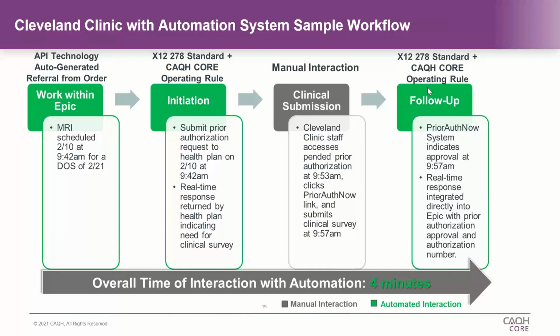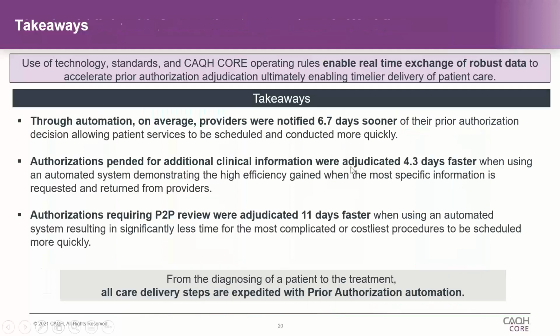On this next slide, we can see the use of technology standards and CAQH CORE operating rules enable the real-time exchange of robust data to accelerate prior authorization adjudication and ultimately enable timelier delivery of patient care.